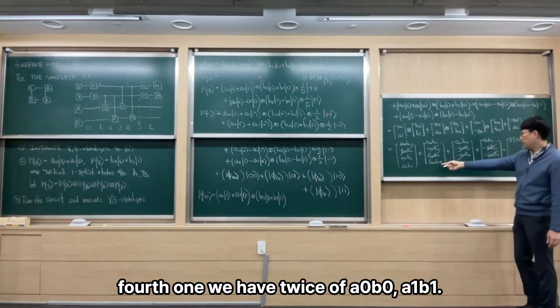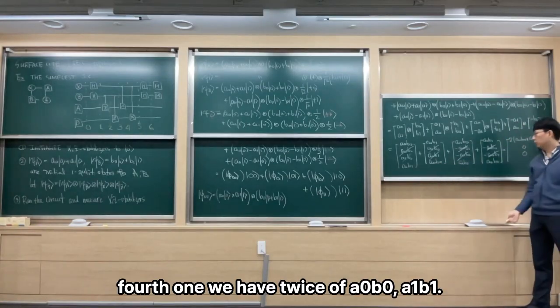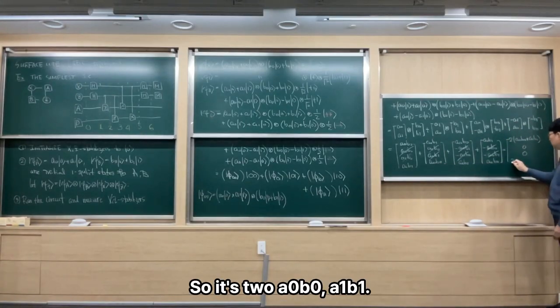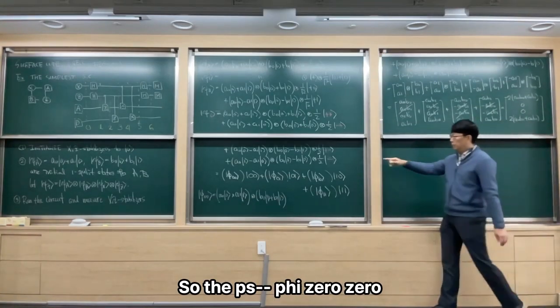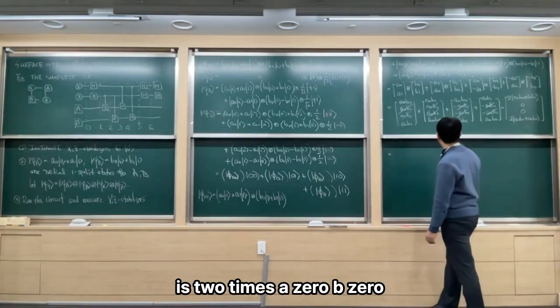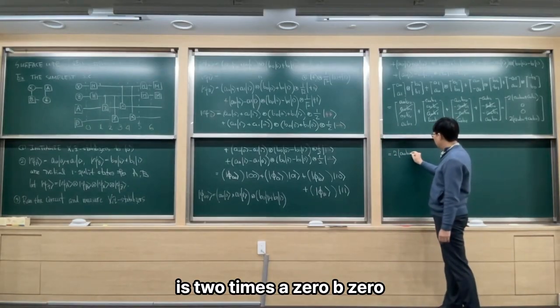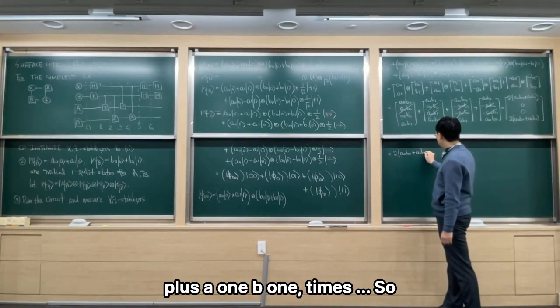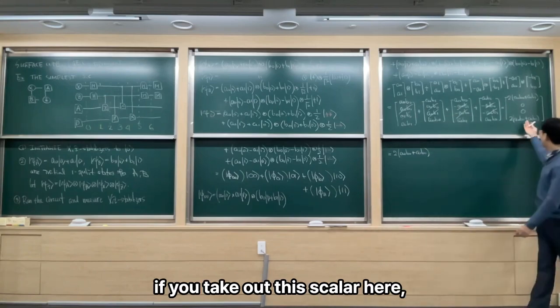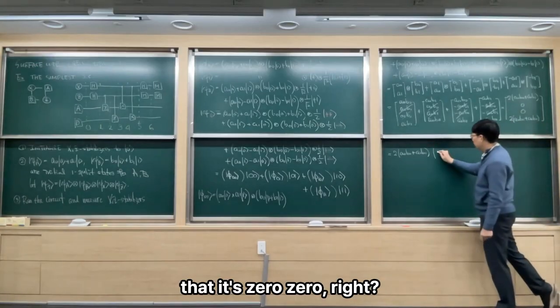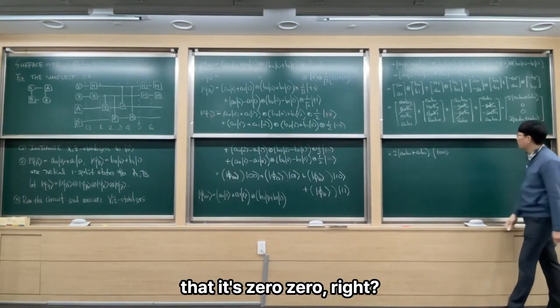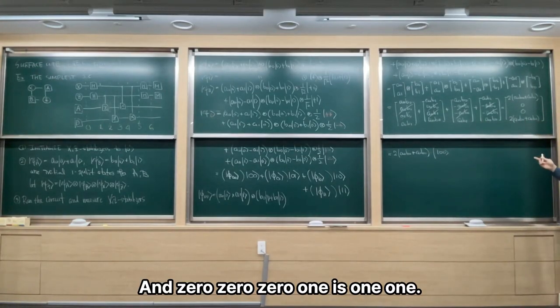And the fourth one, we have twice A0 B0 A1 B1, so it's 2 A0 B0 A1 B1. So what does that mean? The state phi 0,0 is 2 times A0 B0 plus A1 B1 times, if you take out this scalar here, 1, 0, 0, 1. So 1, 0, 0, 0 means that it's 0, 0, right? And 0, 0, 0, 1 is 1, 1.